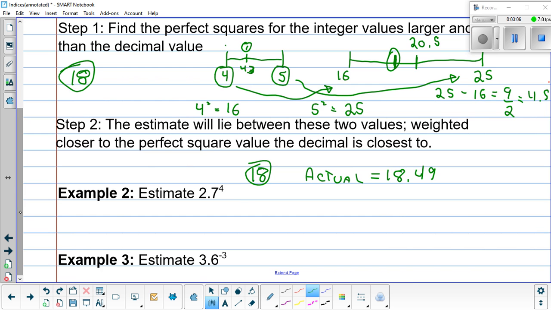Same thing here, 2.7 and 4. So we're going to do 2 and 3, so we're going to get 4 and 9. Halfway between, if I add 1, I have 5, 6, 7, 8.